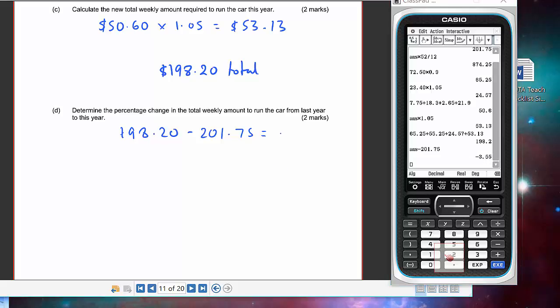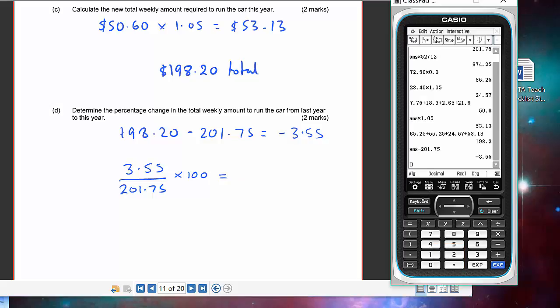It's negative, but don't worry about that. Negative $3.55. So it's going to be $3.55 divided by the original amount, which is the 201.75, and then multiply by 100 to turn that into a percentage.